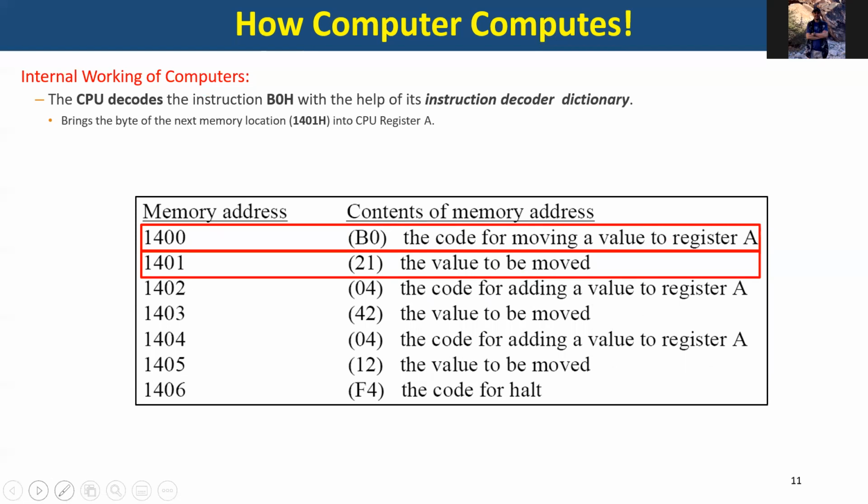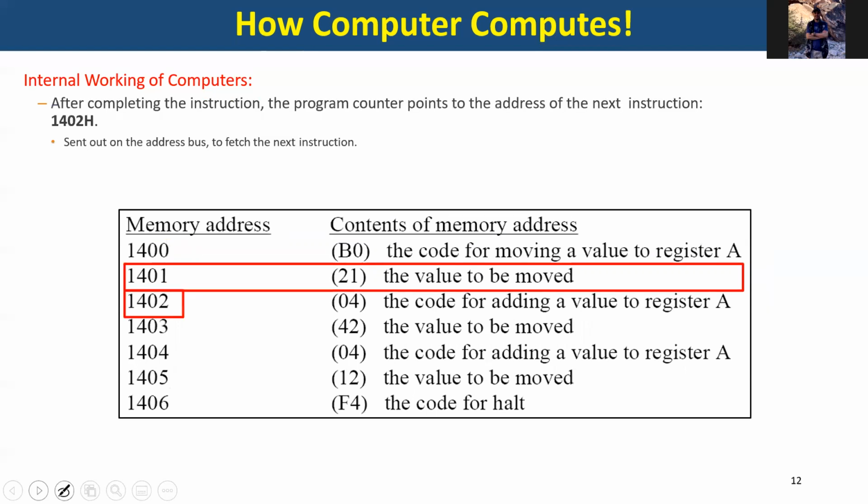That means we grab the complete instruction, the instruction part and the data part. And now the program counter should point to the next location, 1402 hexadecimal. So once the data is moved, the computer will move to this new location, 1402, and grab the next instruction.